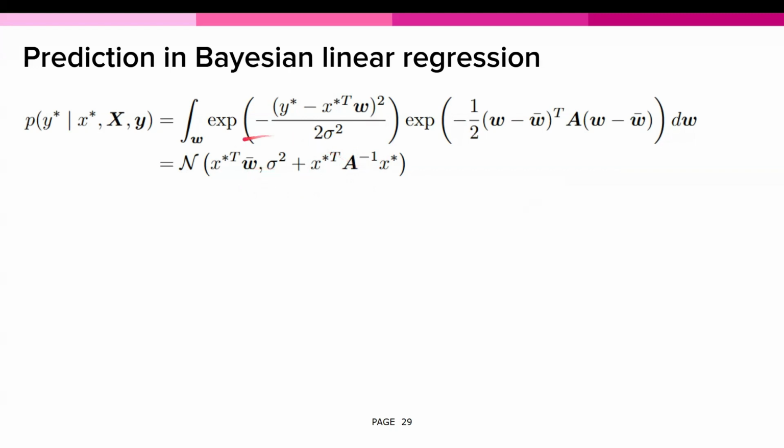So this integration process can be interpreted as a convolution between two Gaussian distributions. So the Gaussian likelihood and then the Gaussian posterior distribution over the weights.